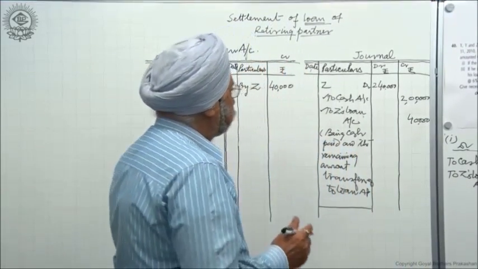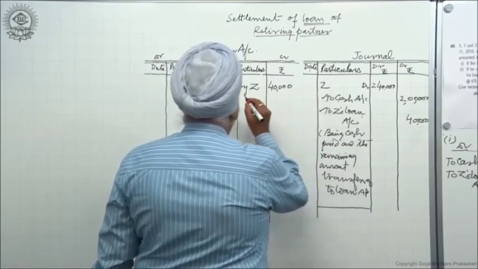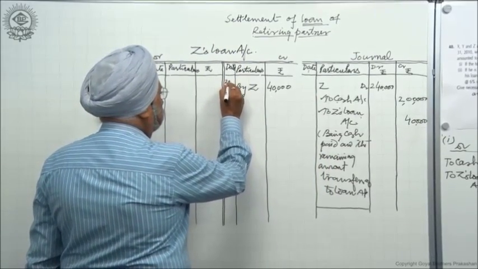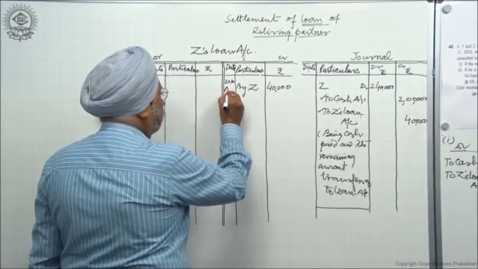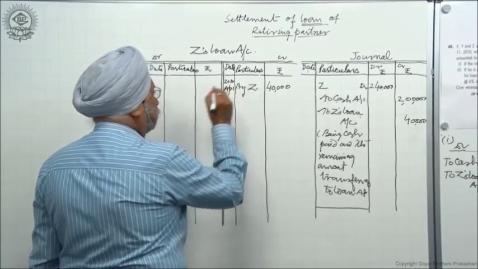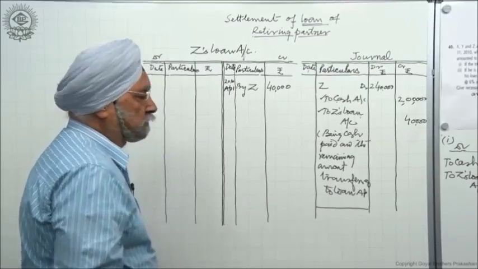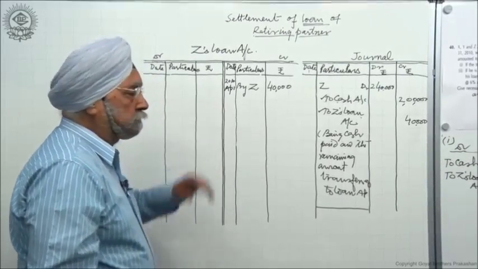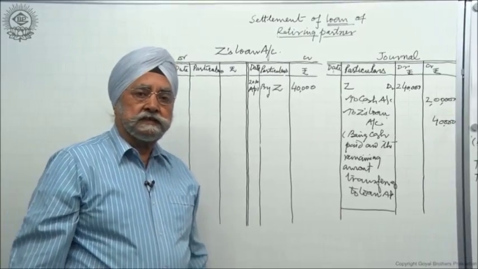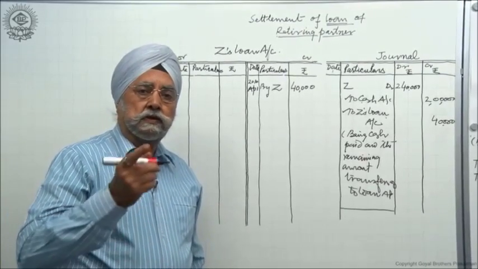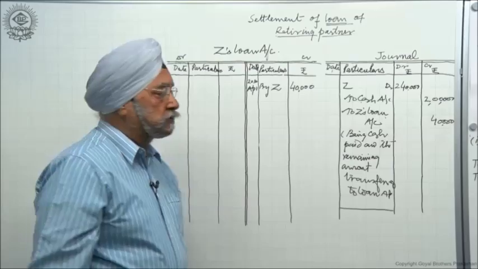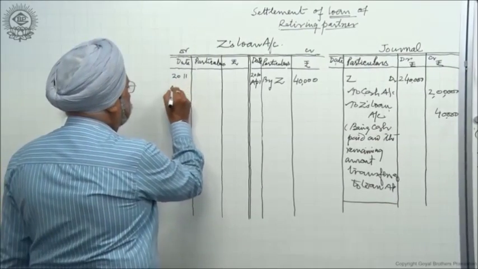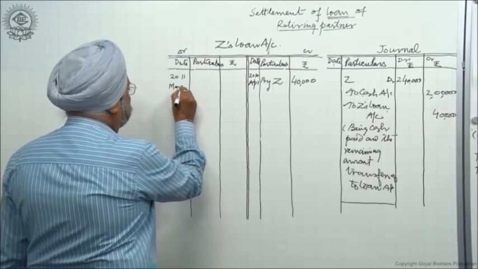So if this date is April 1, 2010, on which this loan account has been transferred, the first payment will come on 31st March 2011. So when we have to make the payment, it will be 2011. The date will be March 31.